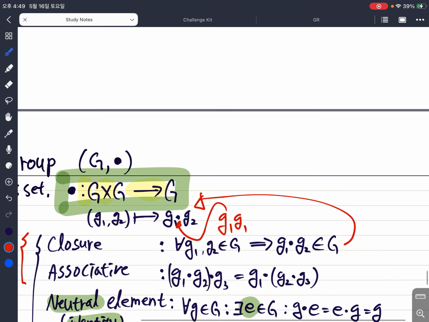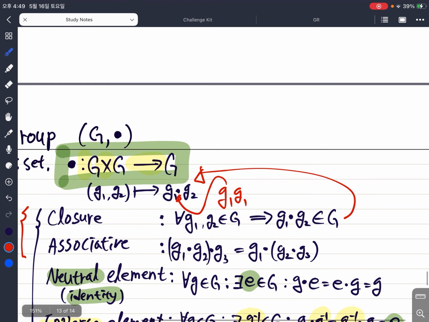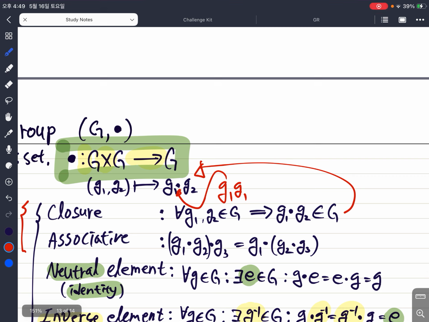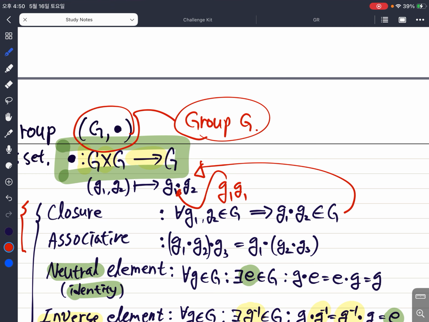Because I want to emphasize the operation, I write it, but usually people don't. And people just say group G, not telling the operation explicitly, and you have to think that they mean this one.